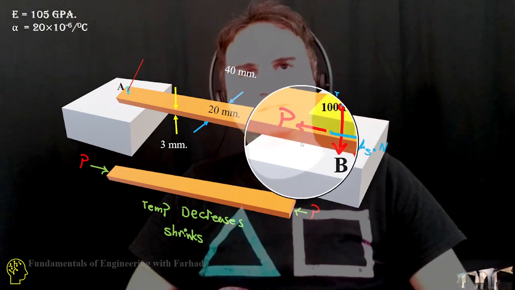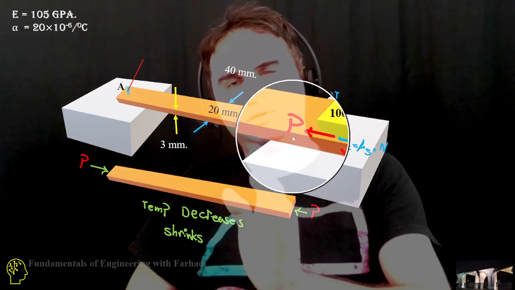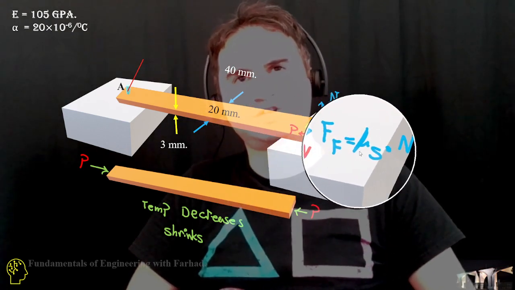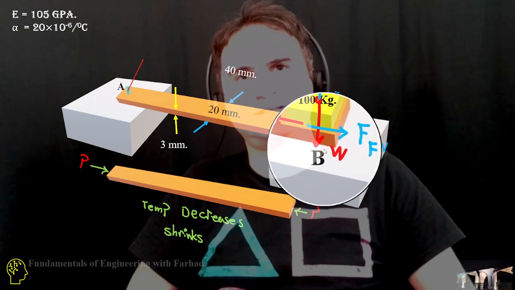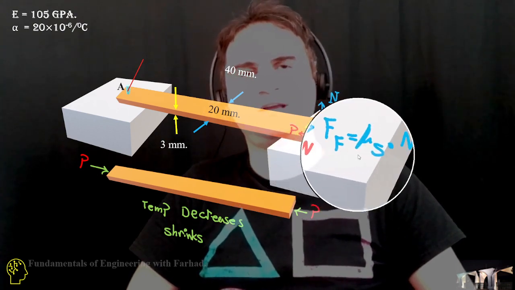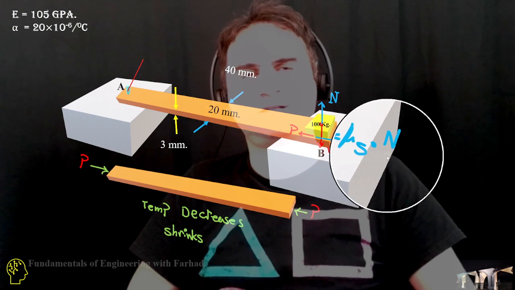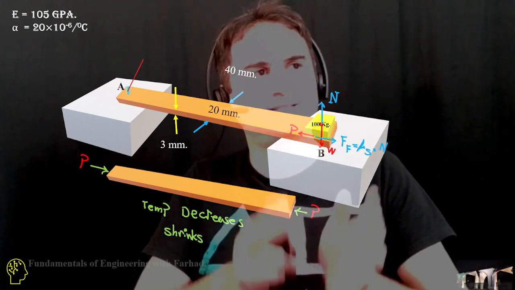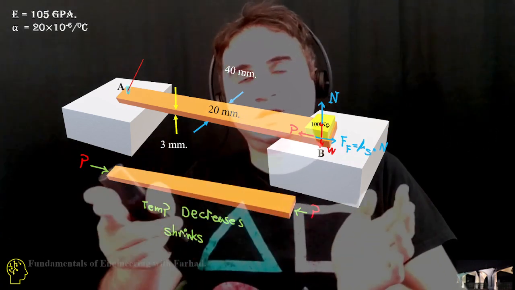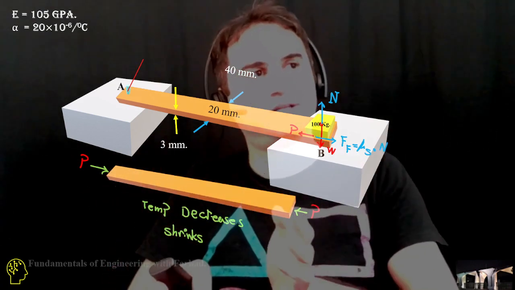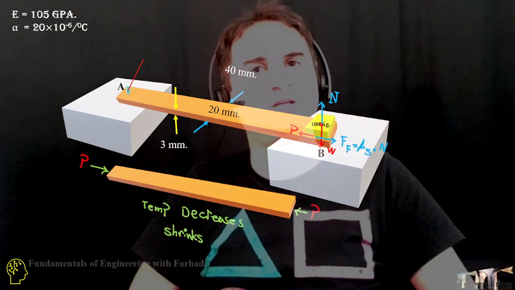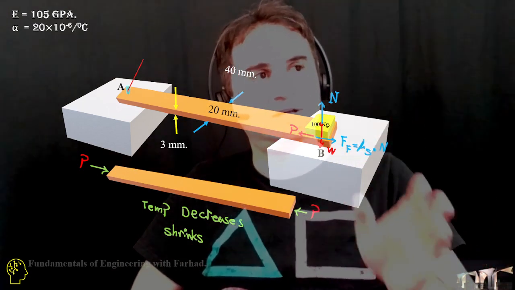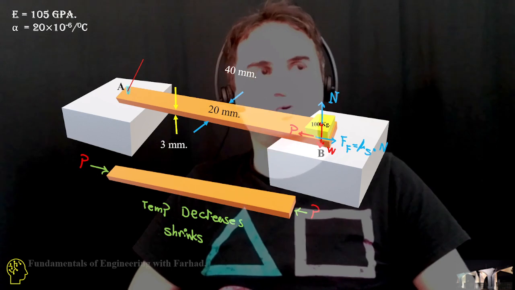If there is a push to the right, the threshold of friction opposes this force, F sub f equals mu times N. That's the friction force, and we want to know the balance between the axial force inside the brass bar and the threshold of friction at the very beginning of motion.